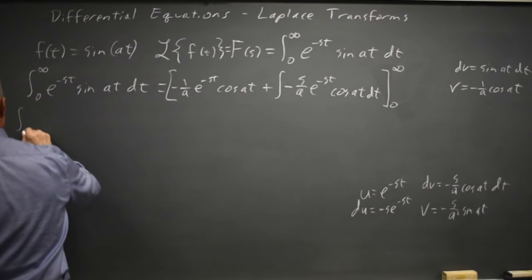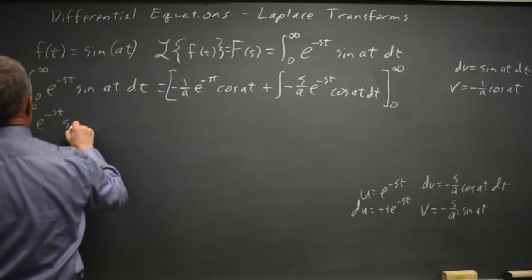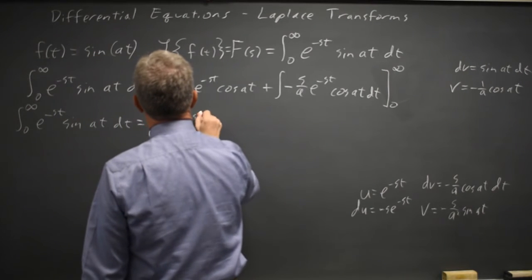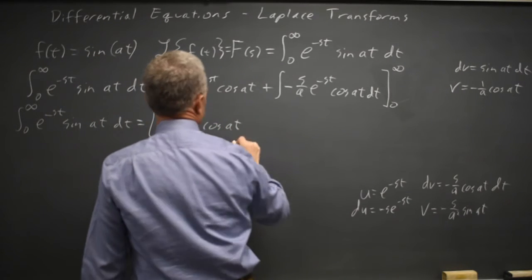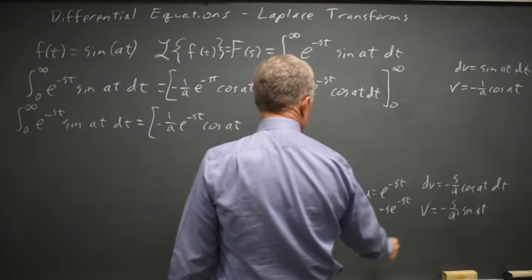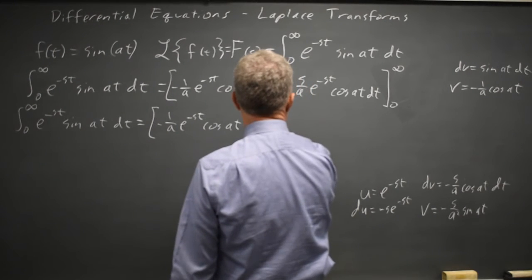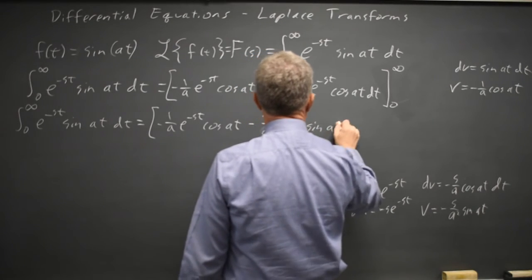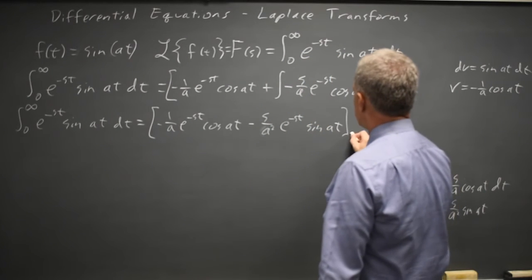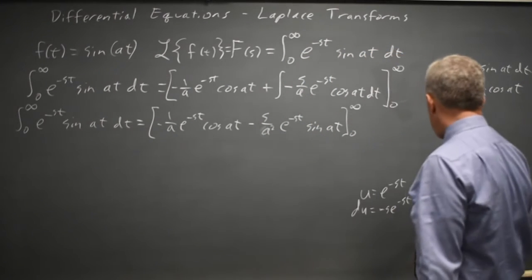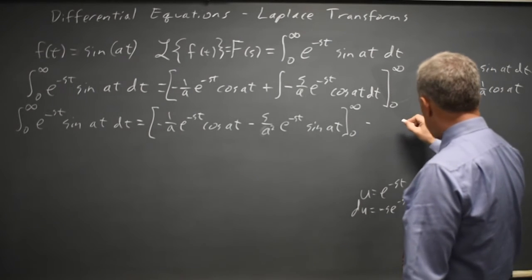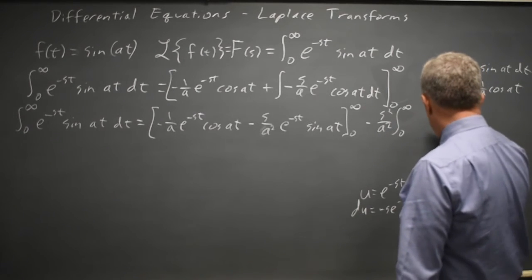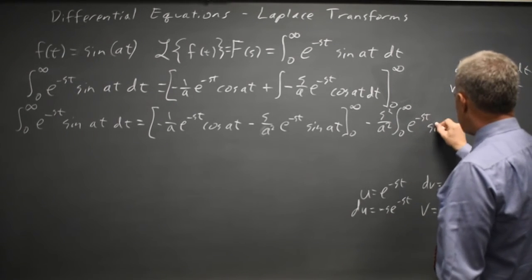My original integral, e to the negative st sine at, equals negative 1 over a e to the negative st cosine, and then plus my new uv, so that's minus s over a squared e to the negative st sine at, those from 0 to infinity, and then minus minus minus is minus s squared over a squared times the integral 0 to infinity e to the negative st sine at.